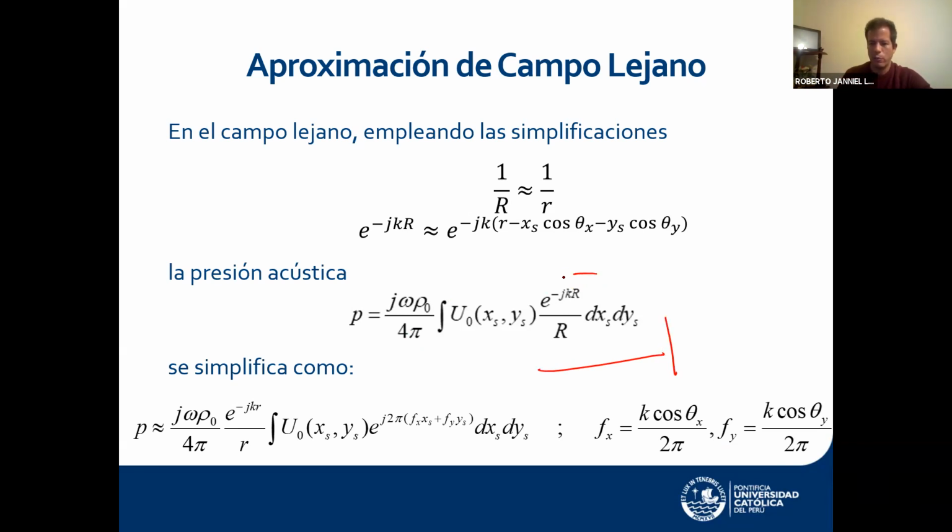We have to integrate this expression, where R is equal to the square root of sigma squared plus r squared, where sigma in itself is x_s squared plus y_s squared, the location of the differential element dS, plus r squared, which is super far away.